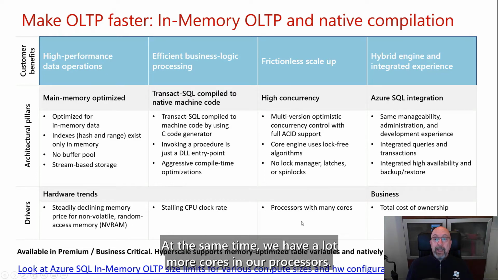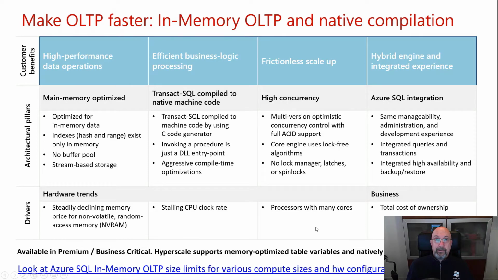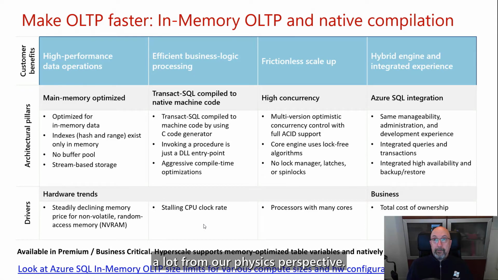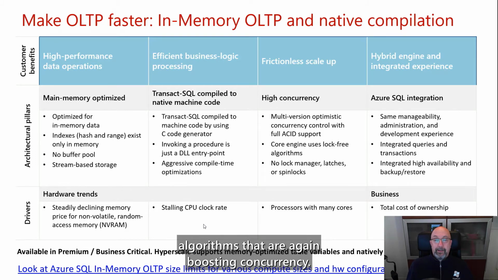At the same time, we have a lot more cores in our processors, and this trend contrasts with the fact that our CPU clock rates are not going to increase a lot from a physics perspective, but we have a lot more cores, right? So we can improve concurrency and provide lock-free algorithms that are boosting concurrency, right?